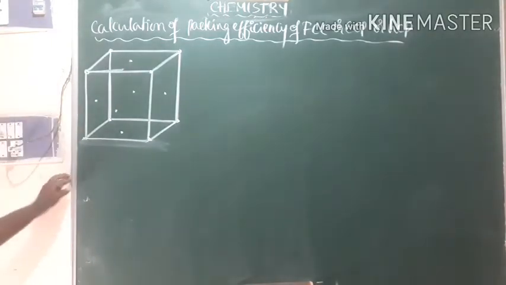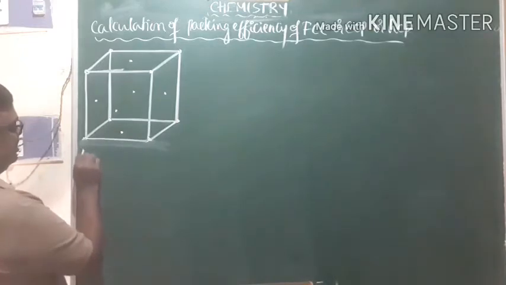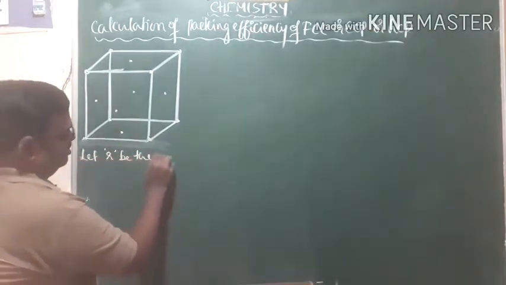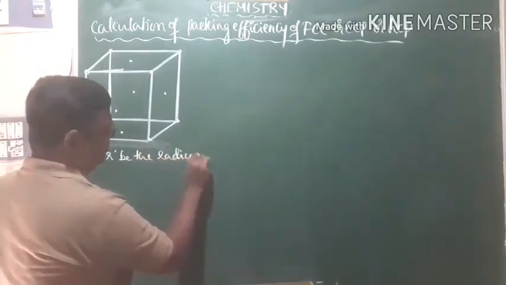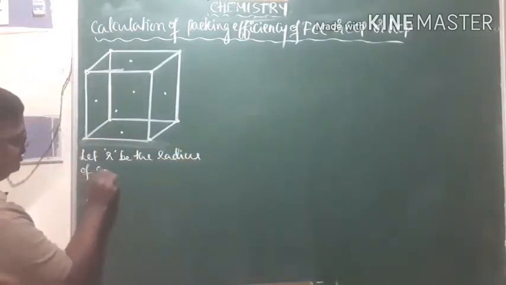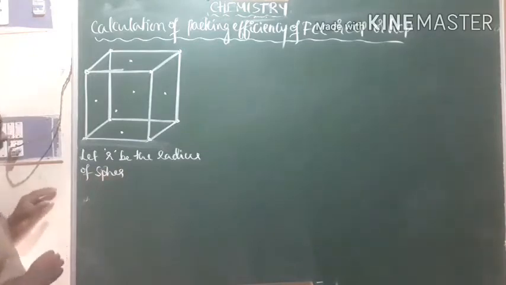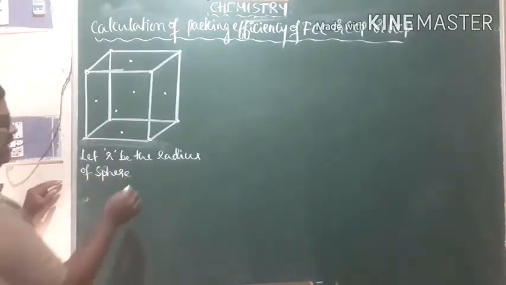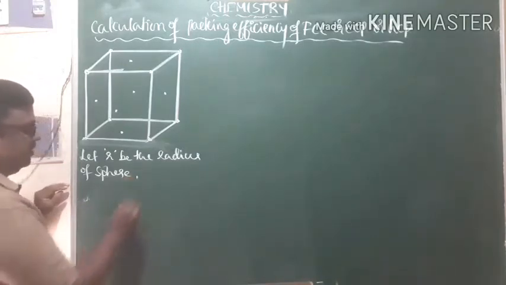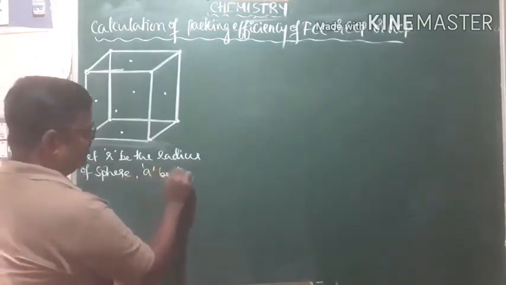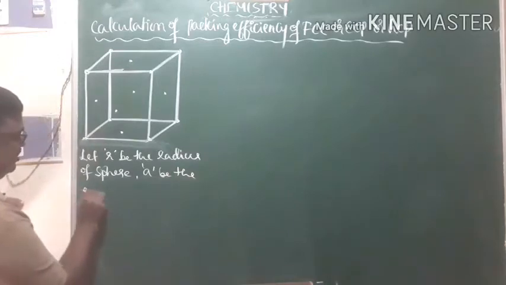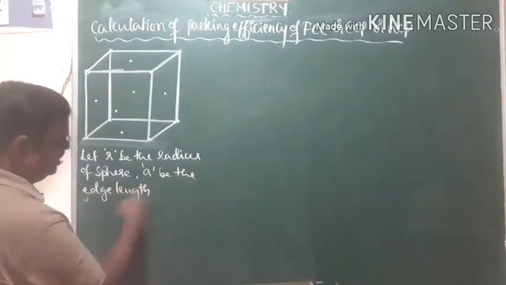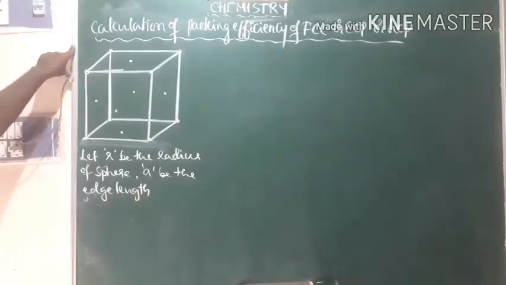For calculation purposes, let R be the radius of the sphere. This is the minimum data. And let A be the edge length of the unit cell as far as FCC is concerned.